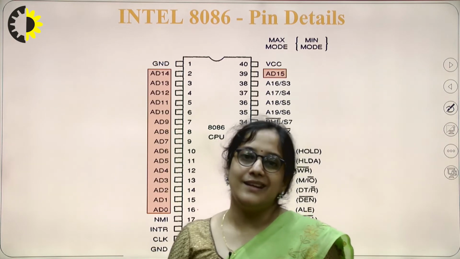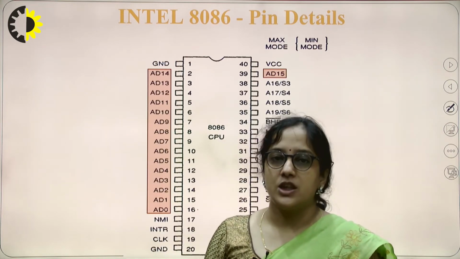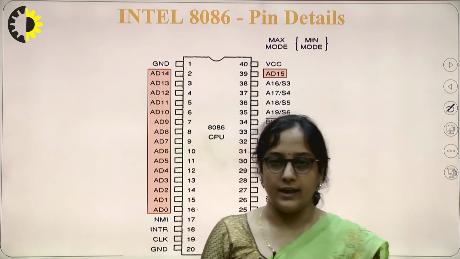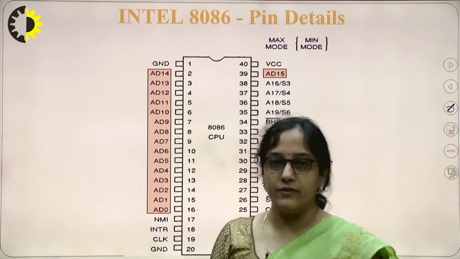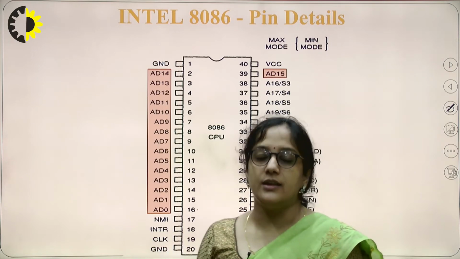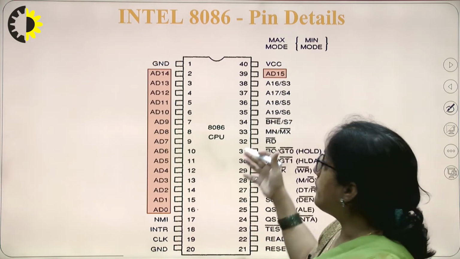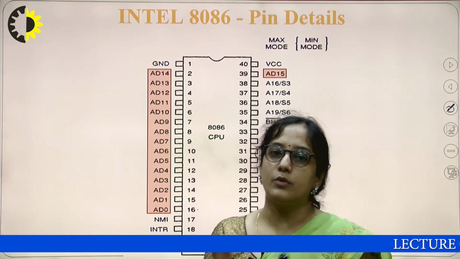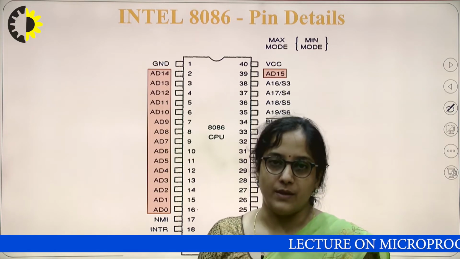This multiplexing is done so that we can miniaturize the system. If we went with 20 different address lines and 16 data lines, then our number of pins would increase. So to make the system compact, we go with multiplexing.